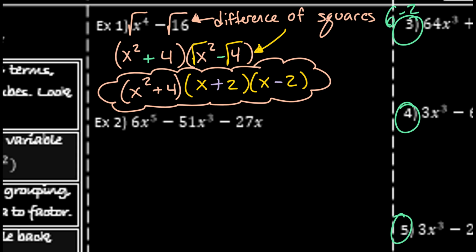But are these perfect cubes? What is a perfect cube? What does something being a perfect cube mean? You can cube root it and it's a whole number. So examples of perfect cubes are 1, 8, 27, 64, 125.